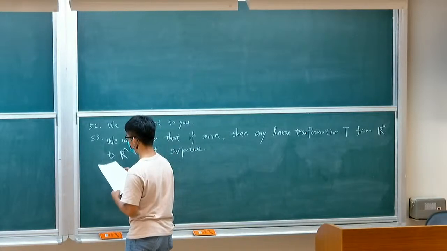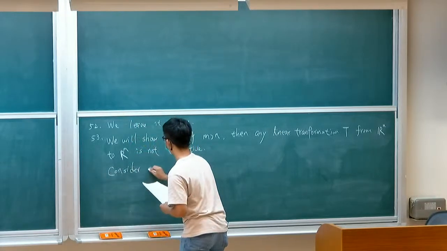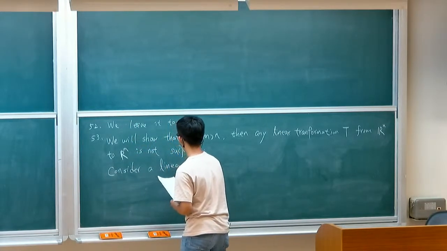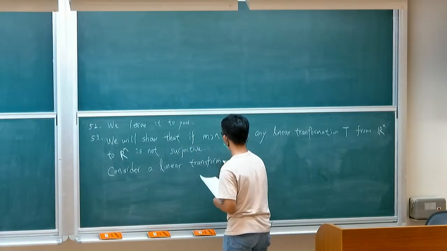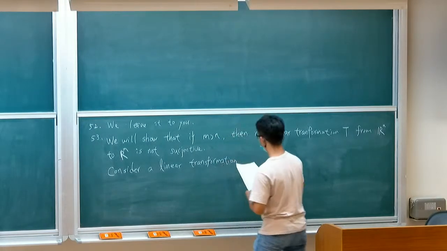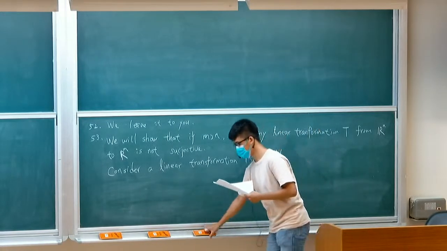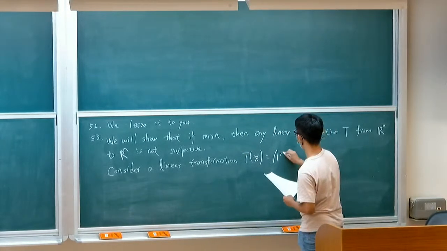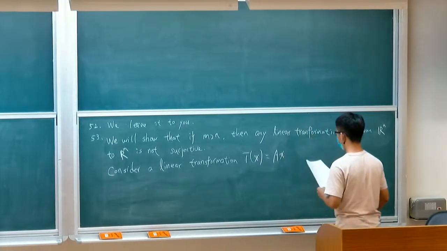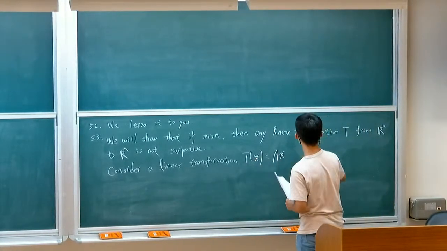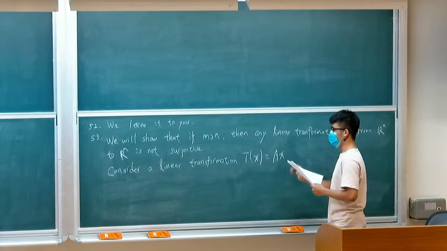First, we consider a linear transformation T of x equals Ax. Since T is a linear transformation from Rn to Rm, the dimension of A is m by n.